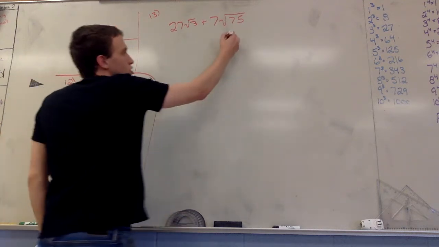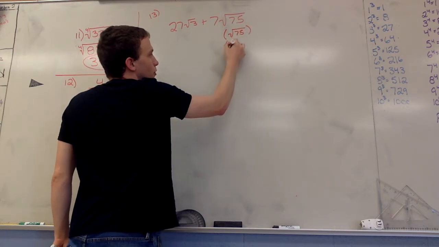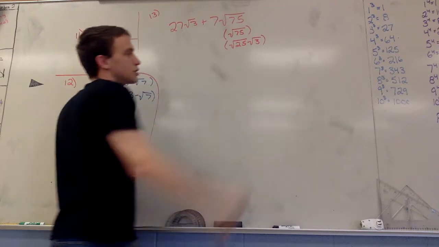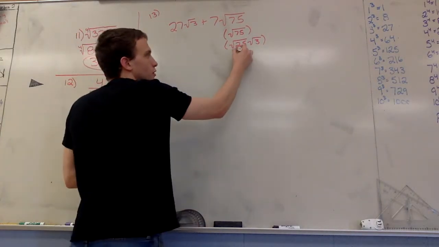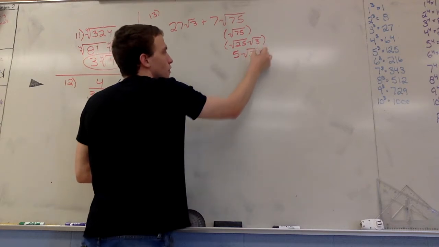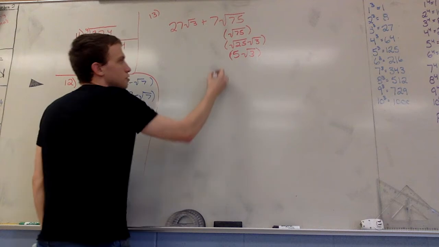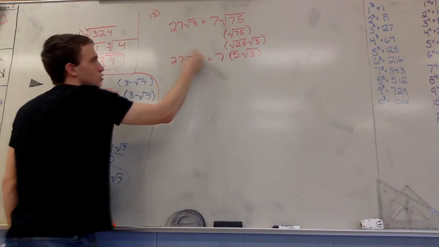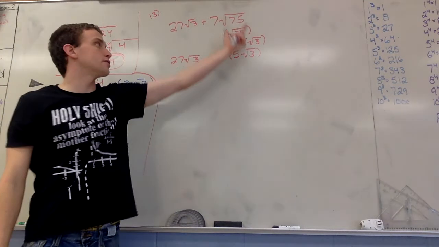Yes. So the square root of 75 is going to be 25 and 3. That's the biggest perfect square, 25. So what's the square root of 25? 5. That's 5 root 3. That's what this 75 is. So that 7 stays the same, plus 27 root 3. You guys all right with that so far? All we did was break down that 75, didn't we?